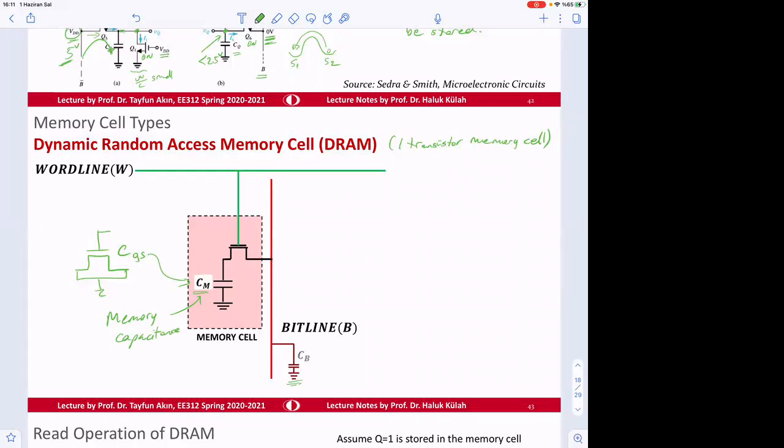So if you want to write something, this occupies much less area than SRAM, of course.